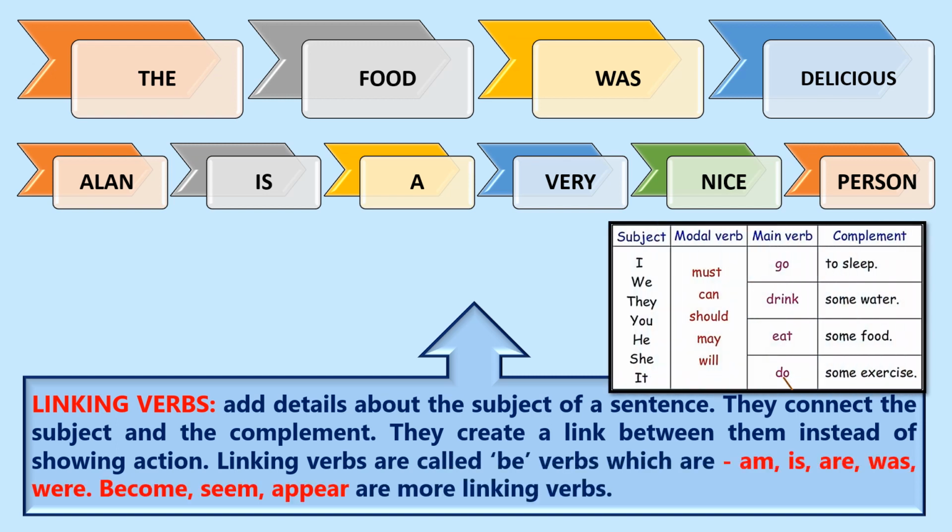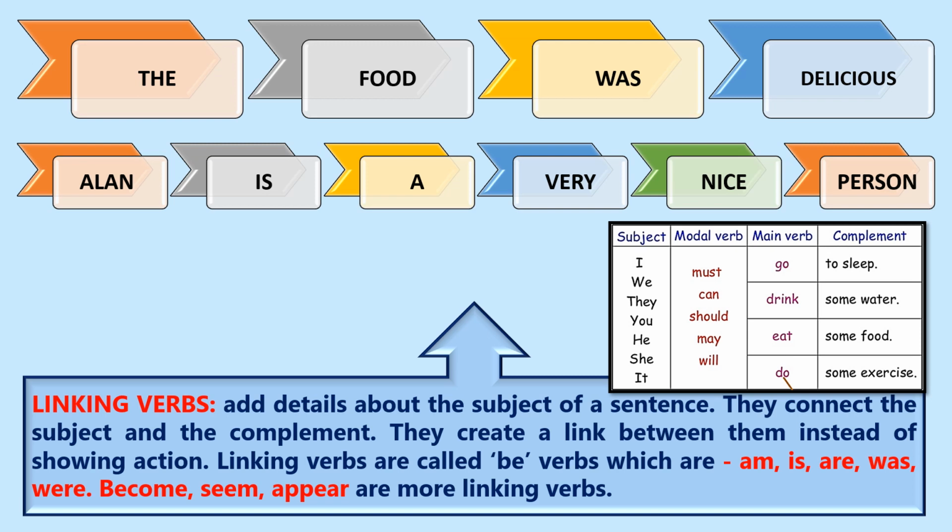Okay, now what is this complement? You know that a sentence has a subject and an object. Subject is someone who's doing the work, and object is the thing that work is done upon. Okay, now a complement is when we have something more in the sentence which is not an object. The food was delicious is your complement. Alan is very nice person is your complement.